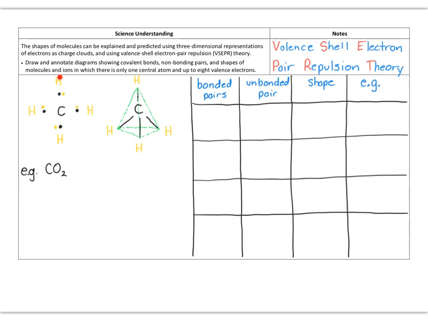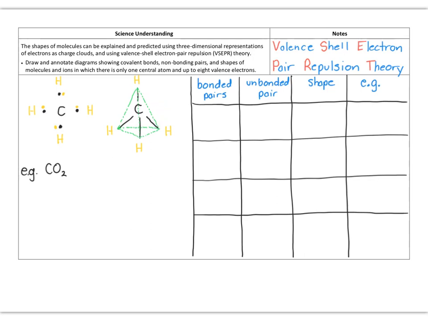Now the reality is that the shape of methane isn't in this sort of square or this sort of cross type form. That's a 2-dimensional representation. But if you look at it in 3 dimensions, and this is the activity that we did with the matches and the little bit of plasticine to see how far away we can push all these pairs of electrons, because all these pairs of electrons have a negative charge, like charges, so 2 negative charges will repel, they will try and push away, and the shape that we got there was a tetrahedral shape.